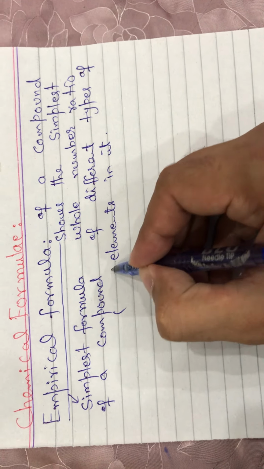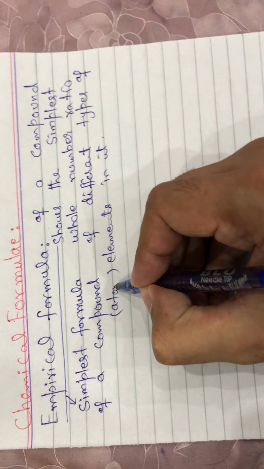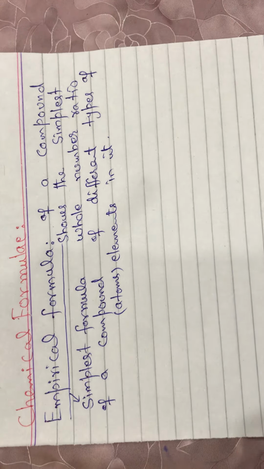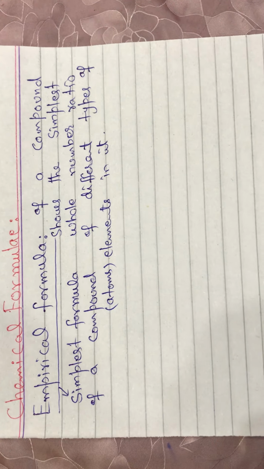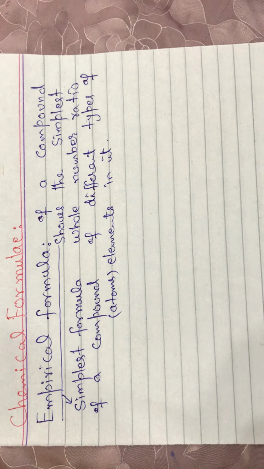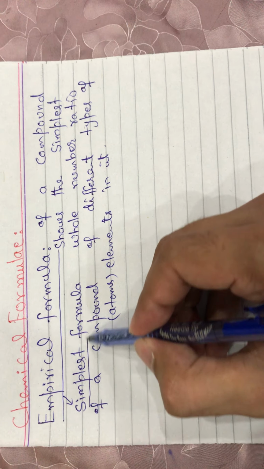You can write in brackets: atoms of elements in it. It is known as empirical formula, meaning the simplest formula.